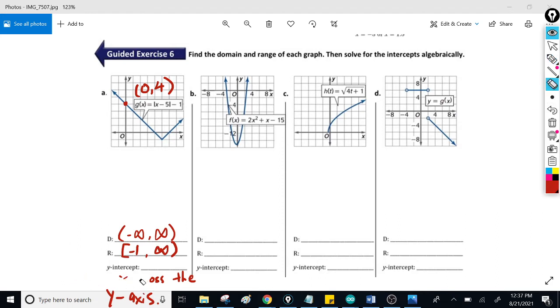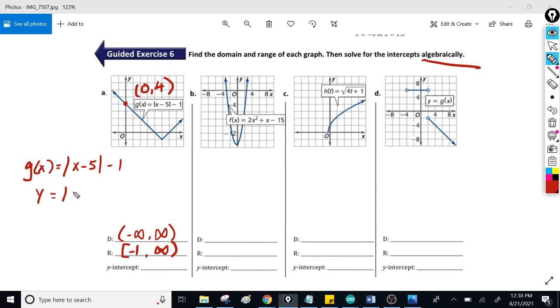Since they are asking you to solve it algebraically, that means you have to look at the equations right here. So let's see how we're going to solve this. g of x equals the absolute value of x minus 5, and then minus 1. g of x is just a really fancy way of saying y.